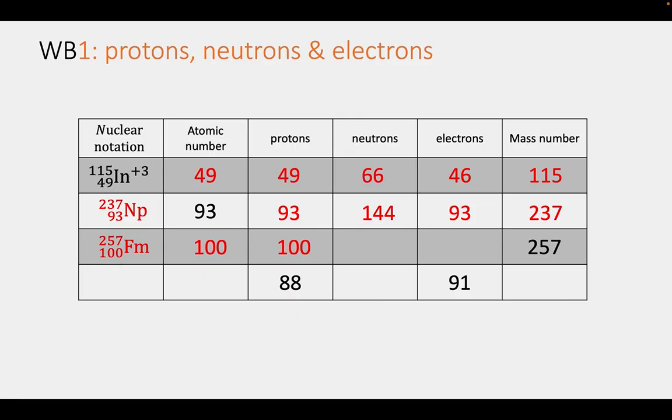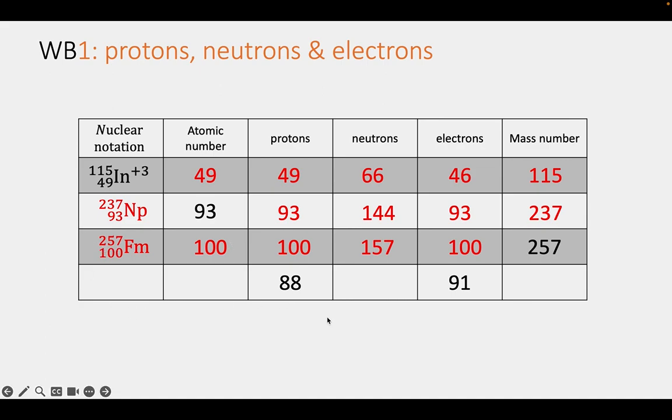The way you figure out the number of neutrons is the difference between the mass and the proton count. So it's 157 neutrons to go with the 100 protons makes a mass of 257. The number of electrons, there's no charge given, so it must be balanced out. 100 positive protons means 100 negative electrons, so that there is no overall charge.